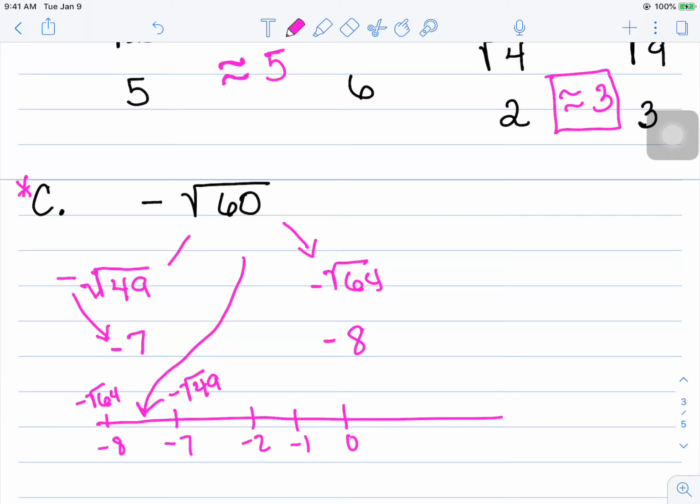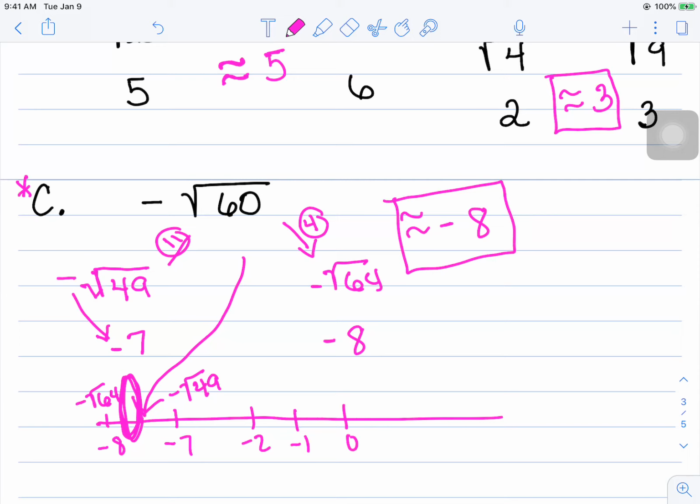Now, we are 11 away from the square root of 49, and we are only 4 away from here. So we're actually closer to the negative square root of 64, so we would actually reside somewhere in here. Okay, so our answer would be approximately negative 8.